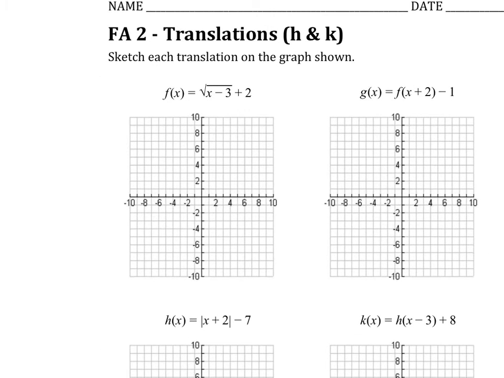On this side, I'm just going to put it over here. Black is going to be my parent function. This is a square root function. I'm emphasizing it because I have the square root symbol right there. X, Y. Remember, with square roots, we start at the origin.